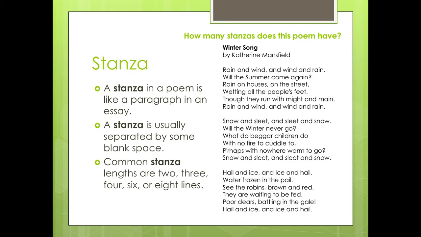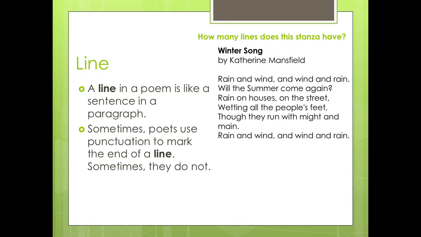So stanzas are the chunks of lines. A line is an individual piece or sentence in a poem. Sometimes poems use punctuation like periods and question marks. Sometimes they don't. In poems, we do not need to follow standard grammar with capitals and periods.